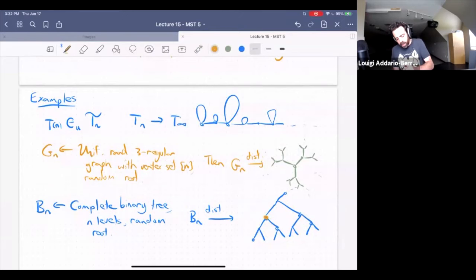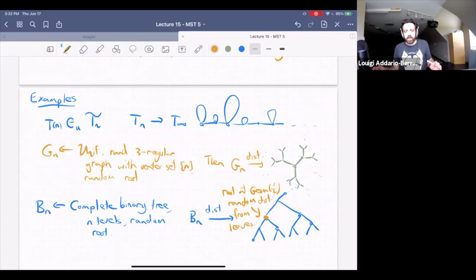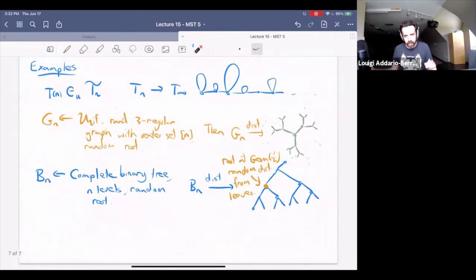So the root sits at a geometric random distance from the leaves. That's also in the exercises for you to check, but it's a pretty structure, and the story is fairly compelling. It's not hard to believe that's the correct local limit.